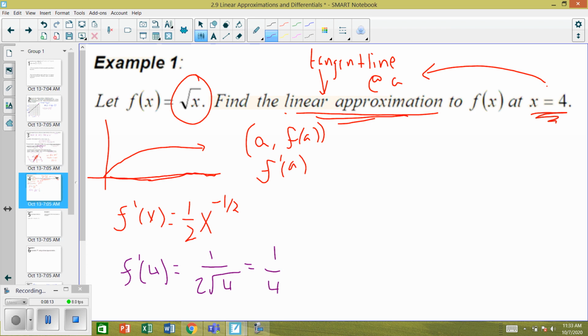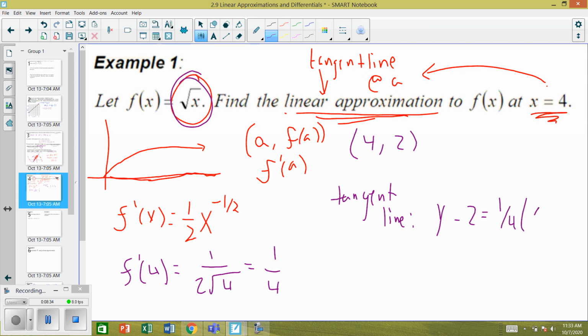All right. And the point in this case is 4, comma, and if I plug 4 into the square root of x, I get 2. So my tangent line, and the way that I always told you to write tangent line, is y minus y1, or y minus 2, equals 1/4, and then x minus 4.